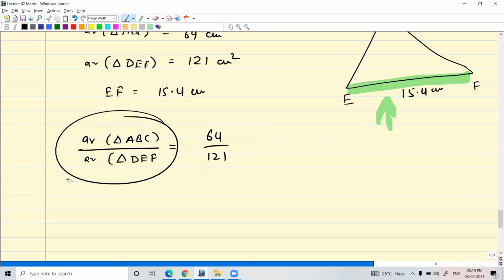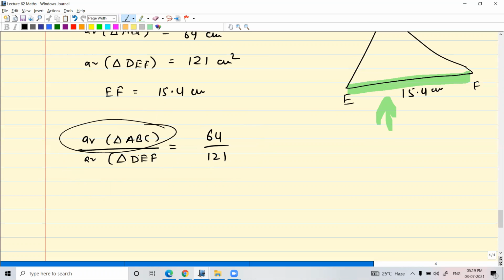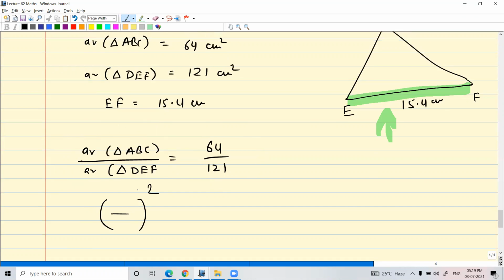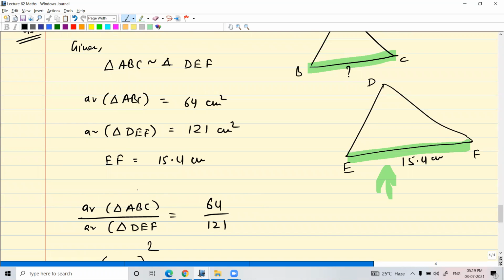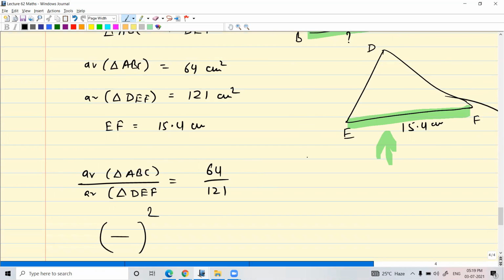But what do we know from the theorem? Area of triangle ABC by DEF is equal to what? Square of the corresponding sides, no? Just now we learned, right, Tanushri? Area of two similar triangles is equal to the square of the corresponding sides. So which side should we take here? Of course, BC and EF, right? So I will take BC by EF whole square.